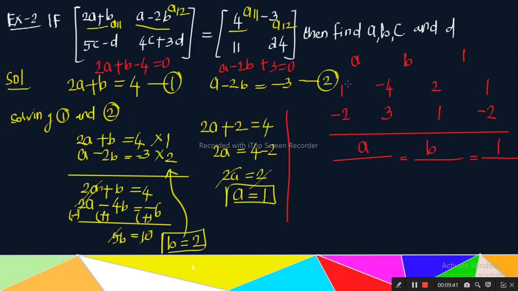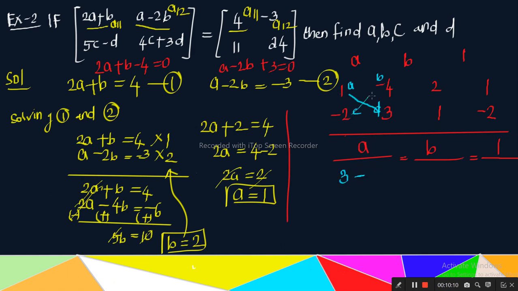Let me assume that this is a, this is b, this is c, this is d. The formula will be ad minus bc. It means we need to multiply this and multiply this. So ad minus bc. 1 times 3 is 3, I have multiplied a with d. Minus means this: 1 times 3 is 3.